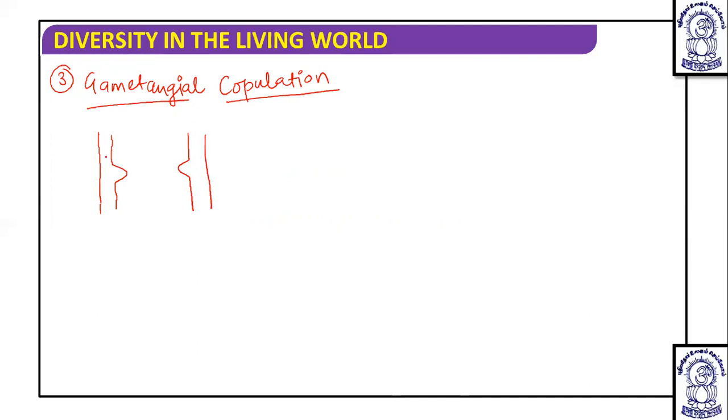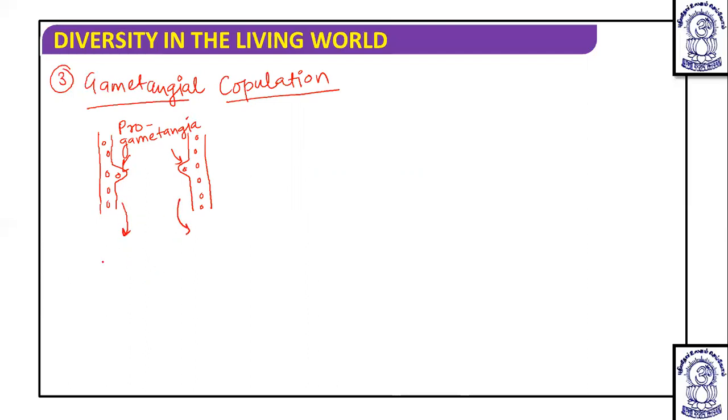And both hyphae are multinucleated, meaning they are of lower fungi. Both are known as progametangia. Now these progametangia convert into gametangia.